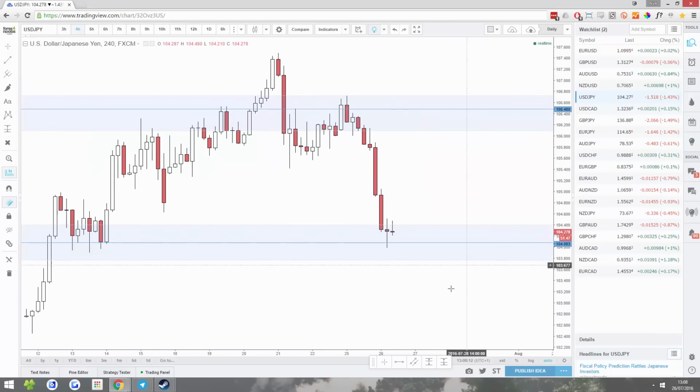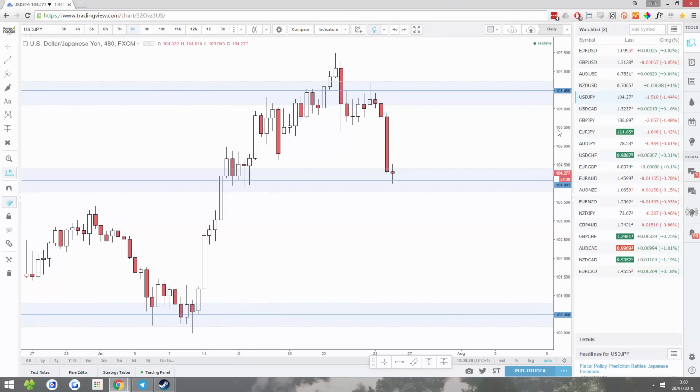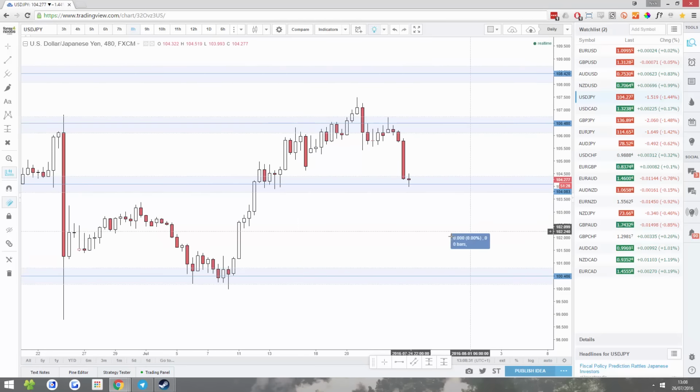On the 4-hour, it's already closed and price is stalling on top of this area of support resistance. You know, it looks like we could potentially get a reversal here. On the 8-hour also, it's got 51 minutes until it closes. This actually looks like it could turn out to be a potentially decent reversal setup.